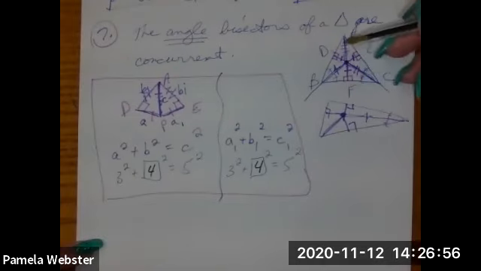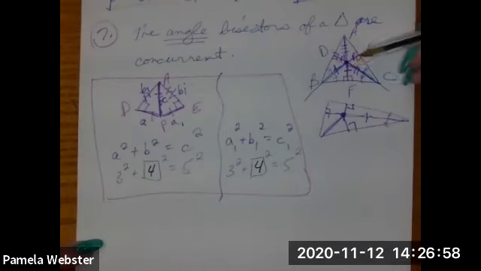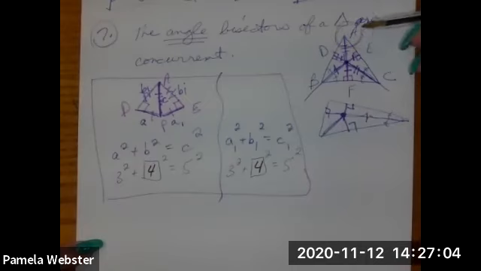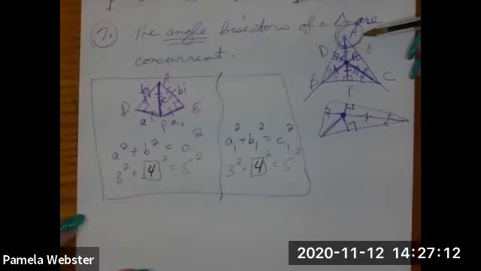If these two triangles are congruent, then all of their corresponding parts are congruent, right? So that tells me what's going on up here at angle A. That angle was bisected, so it has to be the same angle, right?